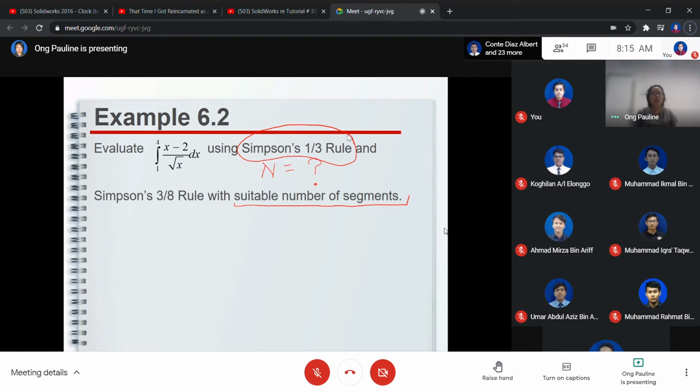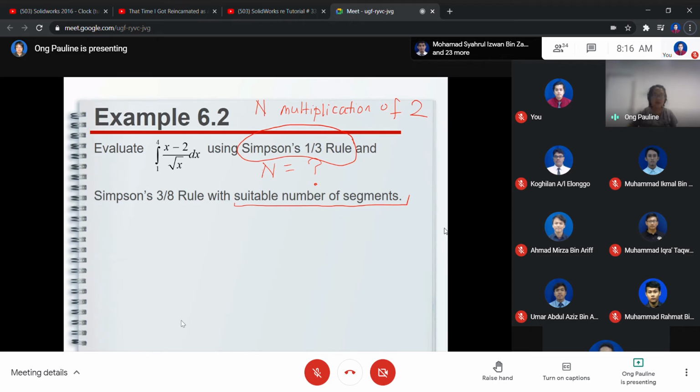You know that if we want to use the Simpson's 1/3 rule, what is the condition or criteria for Simpson's 1/3 rule? We know that for the Simpson's 1/3 rule, N must be a multiplication of 2. N is used to determine the step size H, kan.